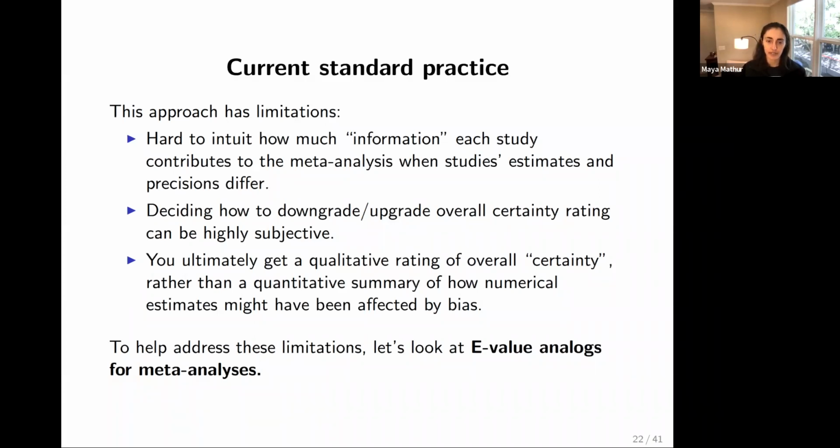It's not really giving us a quantitative summary of how the numerical estimates might actually have been affected by bias. So I think this is certainly useful, but there's also room to add quantitative sensitivity analyses to supplement an approach like this. And to do that, we're going to look at some analogs to the E-value that apply to meta-analyses.